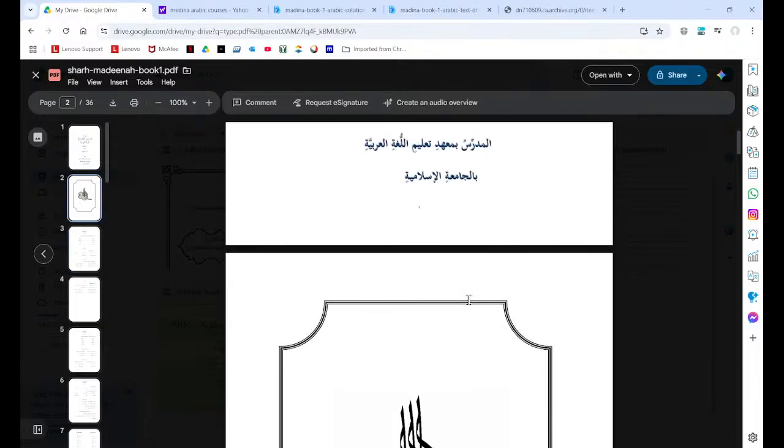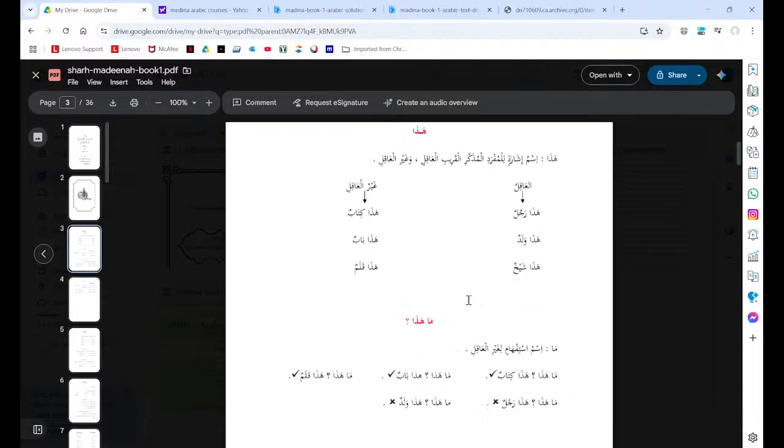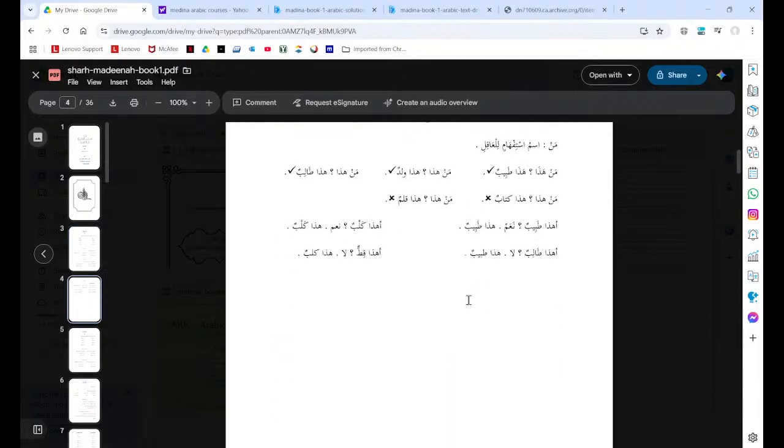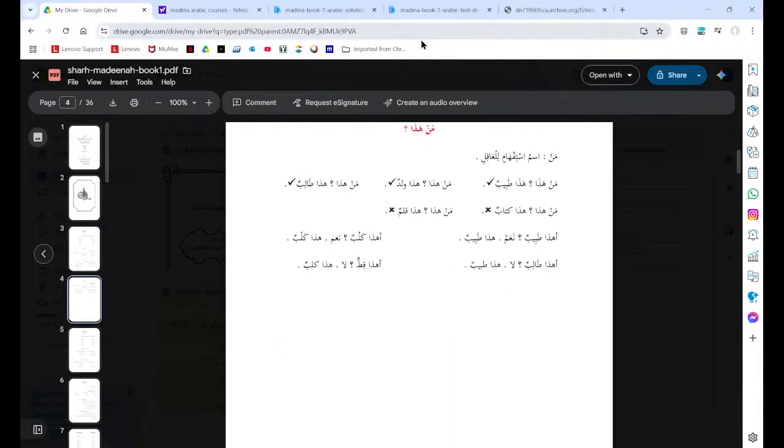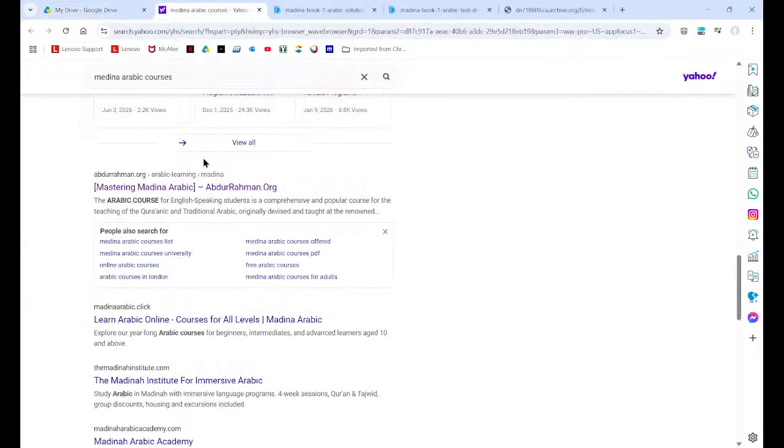Inshallah, I'll try to put some of these PDFs in the description so you can have the PDF for the Medina book, or better yet, I'll put a link to this site here, Mastering Medina from abdurrahman.org. Okay. If you click on this Mastering Arabic, it will give you the PDF for all 3 books, Medina book 1, Medina book 2, Medina book 3.